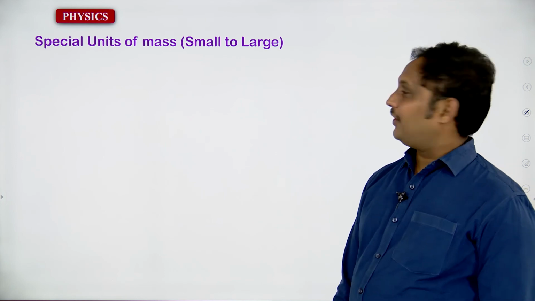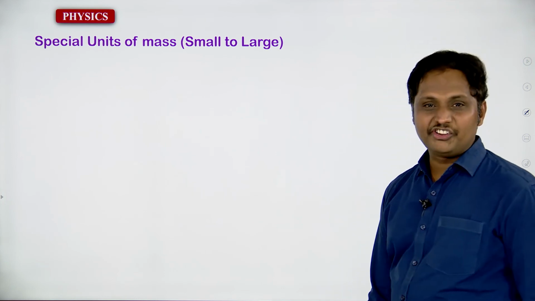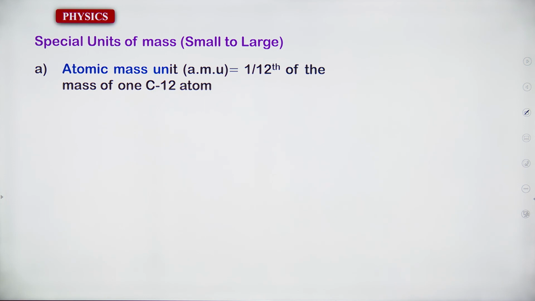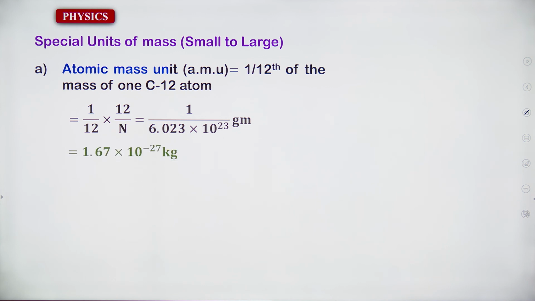Special units of mass, small to large. Please have a look. One atomic mass unit: we take the reference of the carbon atom C12, which is identified as 1/12 of the mass of one carbon atom. It's around 1.6 into 10 to the power of minus 27 kg.